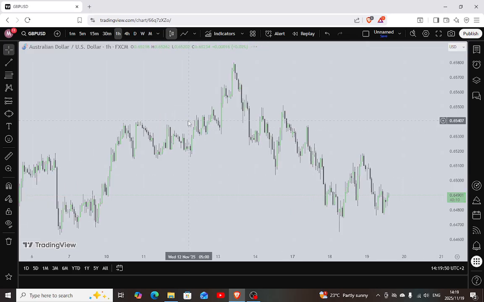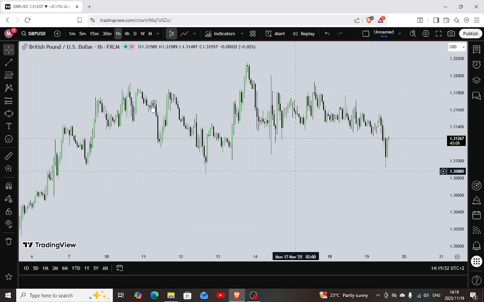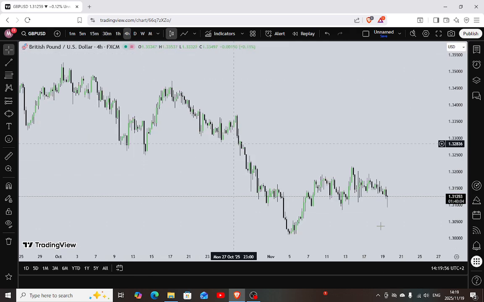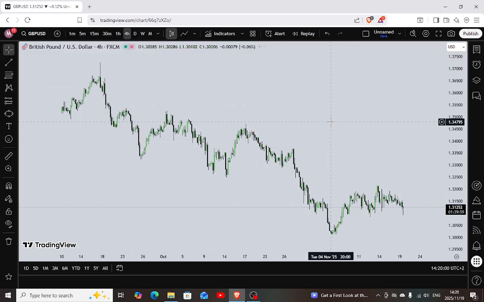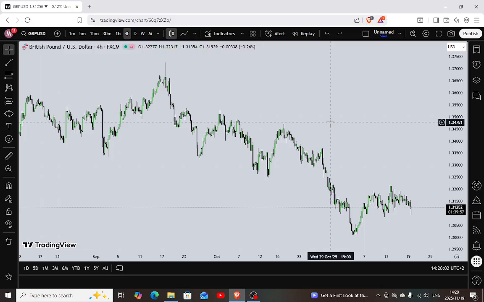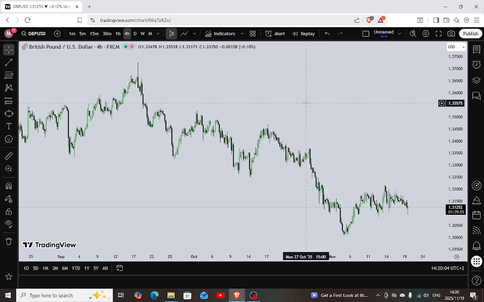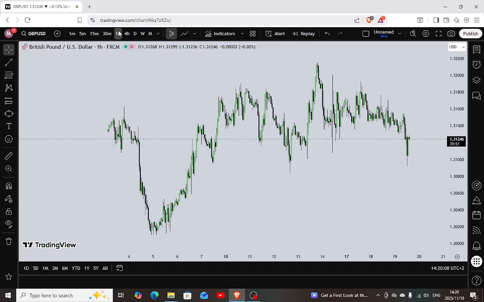In some instances, like GBP USD, let's go to the H4 candlestick time frame. You can see that here it's a little bit compact, so it's easier to read where the market direction is headed, rather than if you go into a lower time frame.